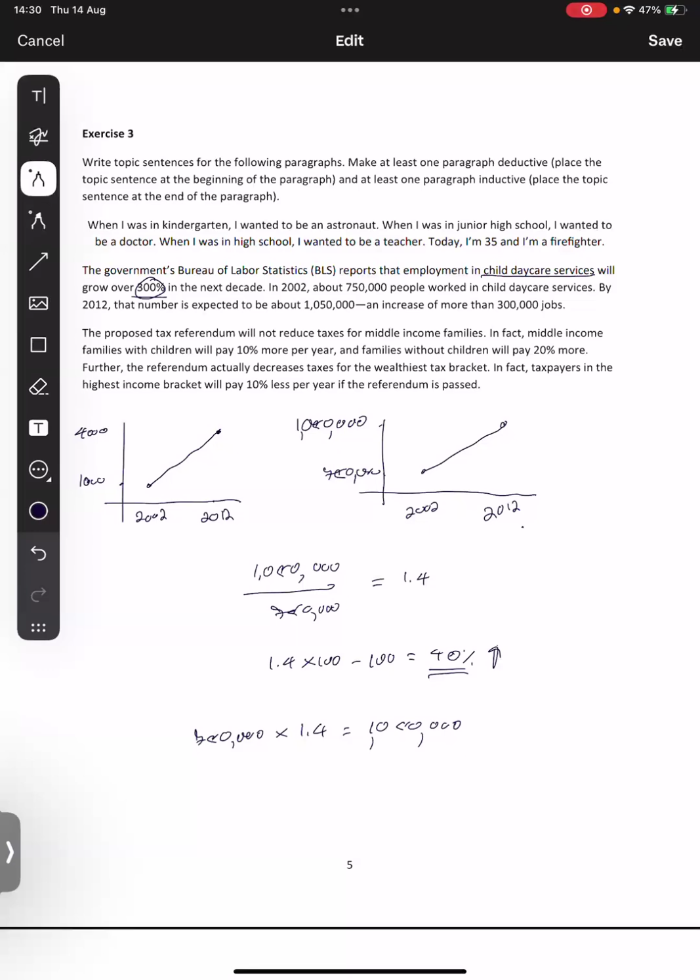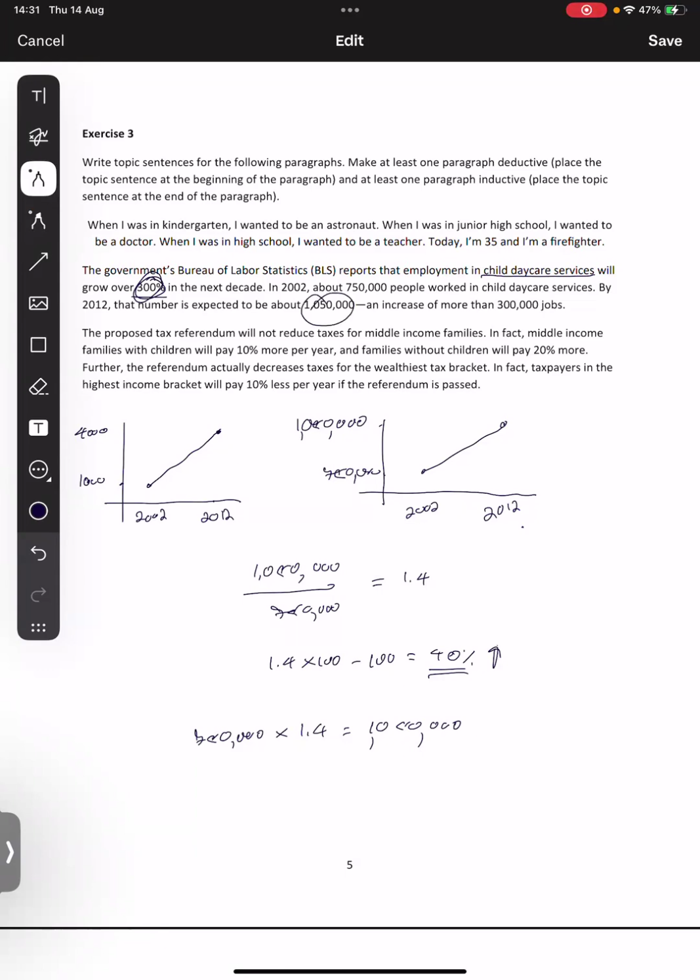So this is not really accurate. 300%. If it's an increase by 300%, the final value would not be that, right? The final value would not be that.